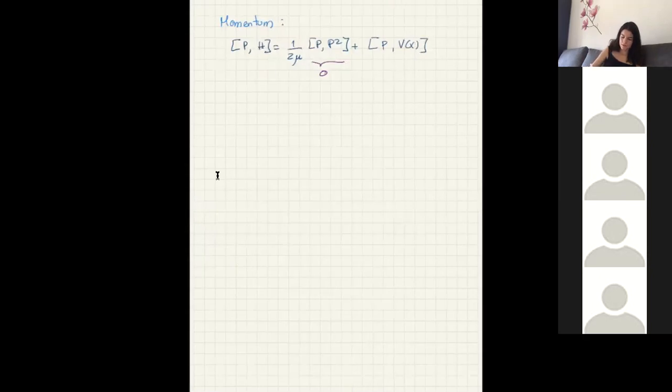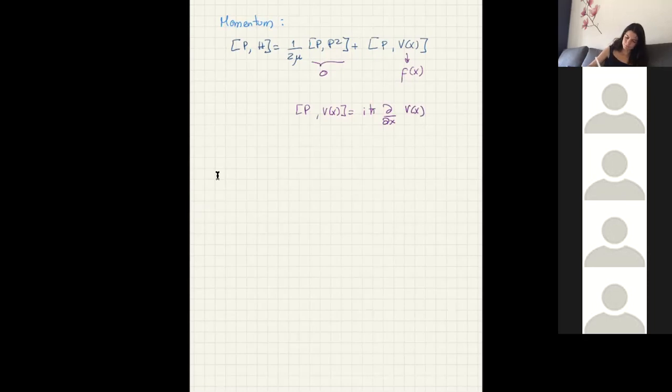And this, again, we're going to apply the result from before. So this is our function of x. So then p V of x is going to be i h bar d/dx of V of x. Okay.